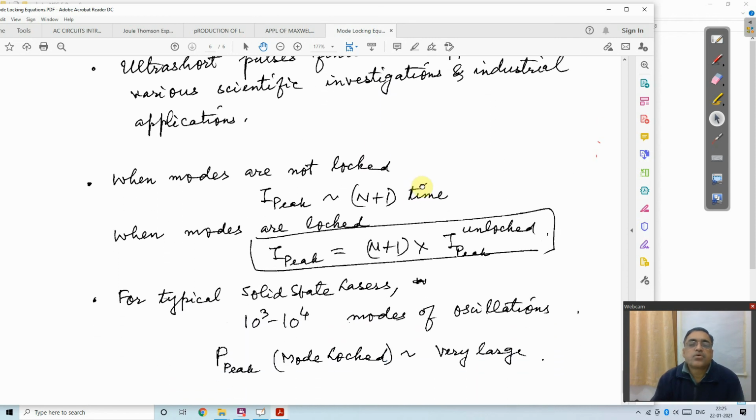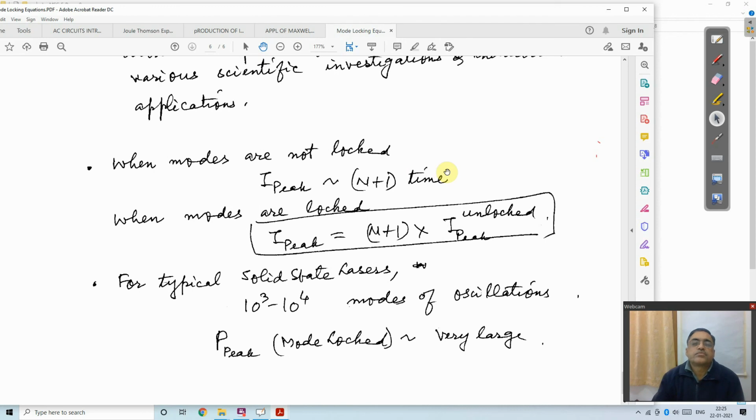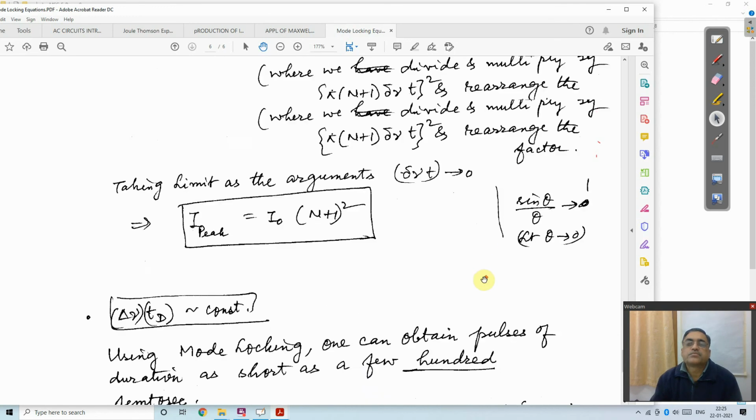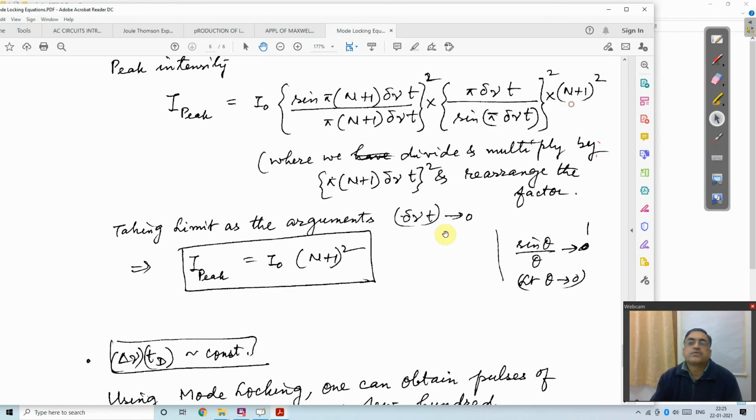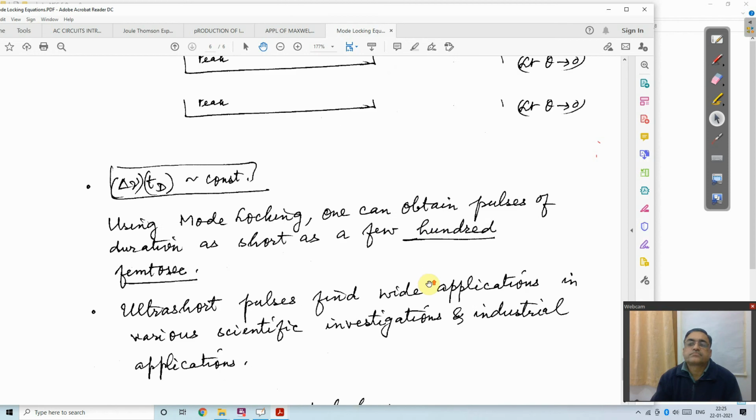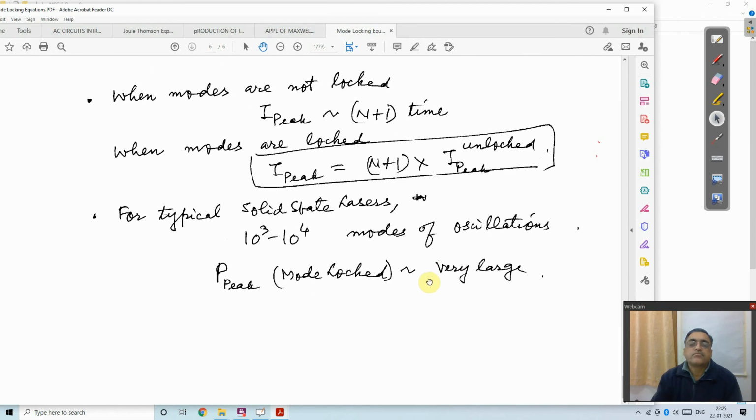When modes are not locked in time, the peak intensity is n plus 1 times, that means the unlocked peak, as we see here. For typical solid state lasers, we have from 1000 to 10,000 modes of oscillation.